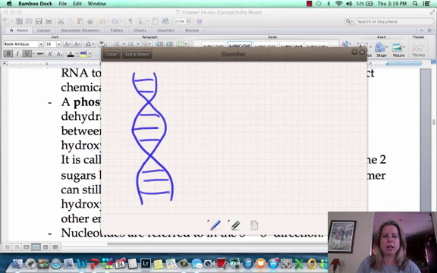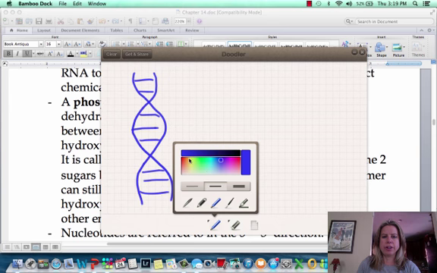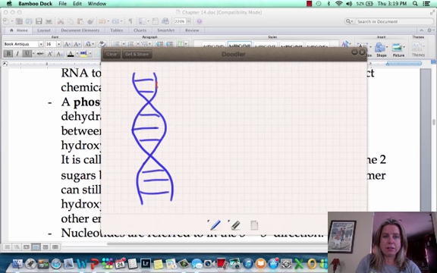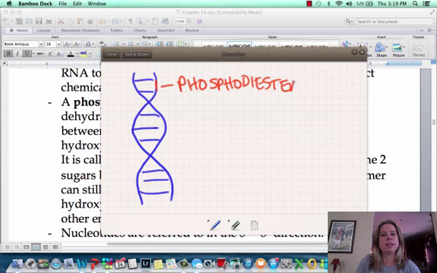If we are talking about the bond from here to here, that's a phosphodiester bond. That is the longest word ever created. So this bond from one nucleotide to the next is a phosphodiester bond.